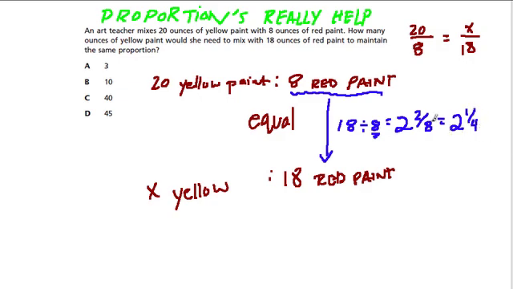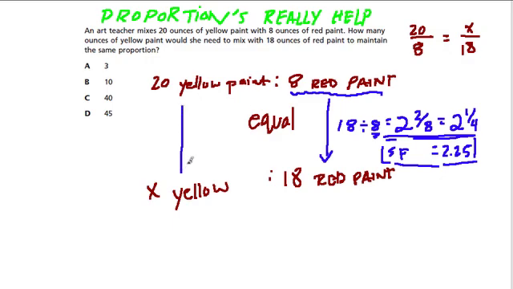So when we go from 8 to 18, we're multiplying 8 by 2 and 1/4, or 2.25. This is what's called a scale factor, the number we're multiplying both parts by. So we're taking 8 ounces of red paint, multiplying it by 2 and 1/4 to get 18.